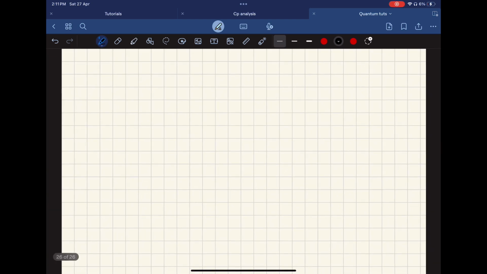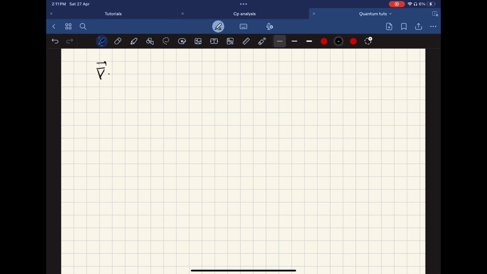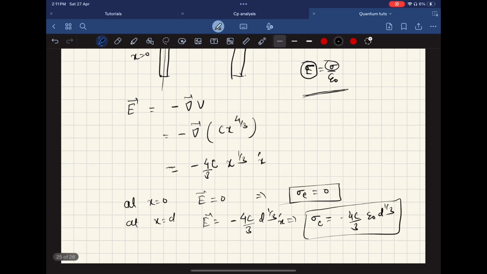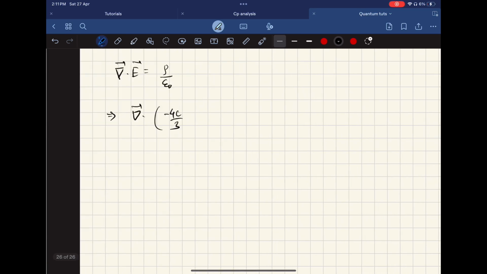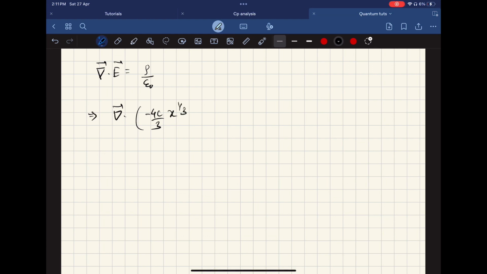We can calculate rho v by this relation: del dot E is equal to rho by epsilon naught. This is the differential form of Gauss law. So del dot of minus 4C by 3 x to the power 1 by 3 x cap is equal to rho by epsilon naught.